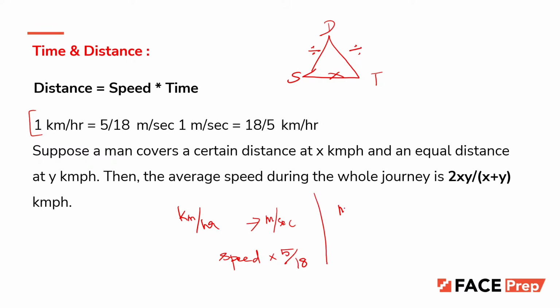Similarly, for meter per second to kilometer per hour, you may take the formula speed into 18 by 5, right? So these are the two formulas which you have to remember for conversion of units, kilometer per hour to meter per second, and meter per second to kilometer per hour.